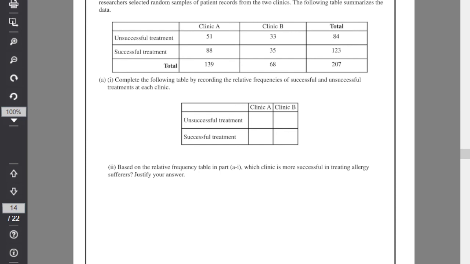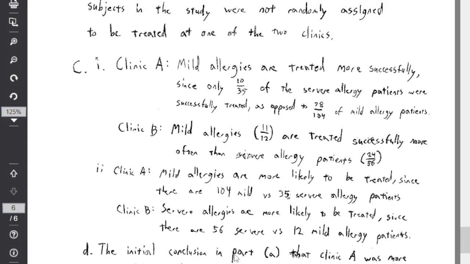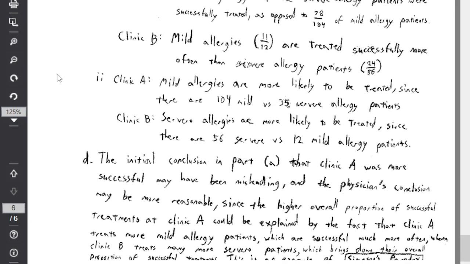This is Simpson's paradox, which is that the initial conclusion may have been misleading. Clinic A was more successful overall, but the difference in the success rates might have been due to the fact that Clinic B had a lot more severe cases than Clinic A. Because of that higher rate of severe cases, it's making it look like Clinic B is less successful, when in reality there's another variable at play here, the kind of allergies being treated.